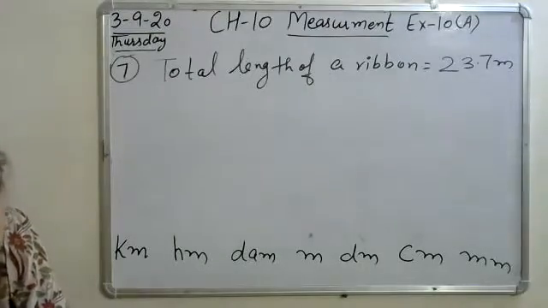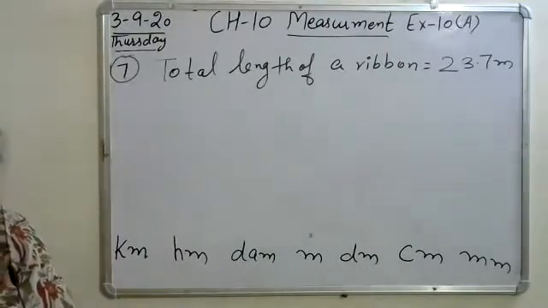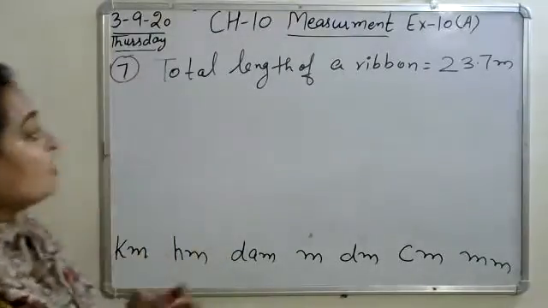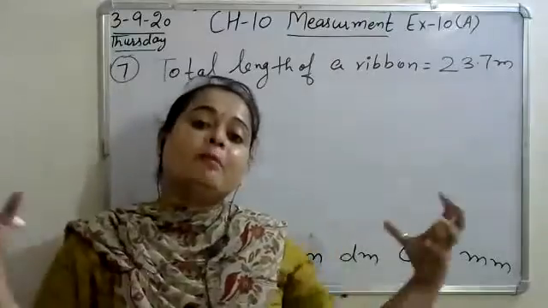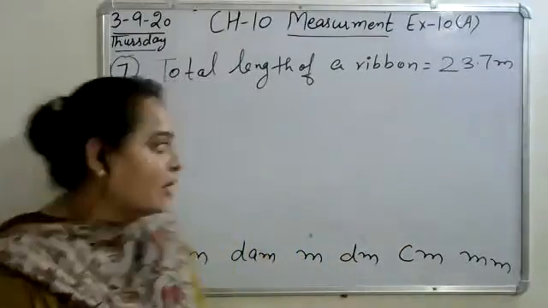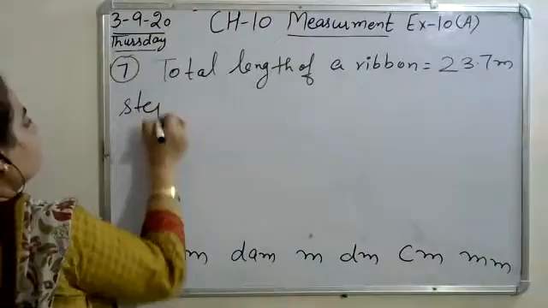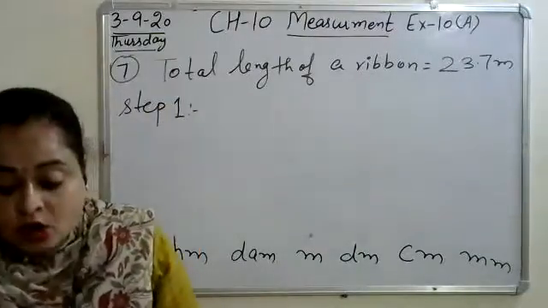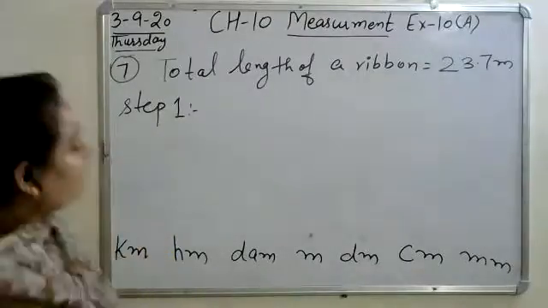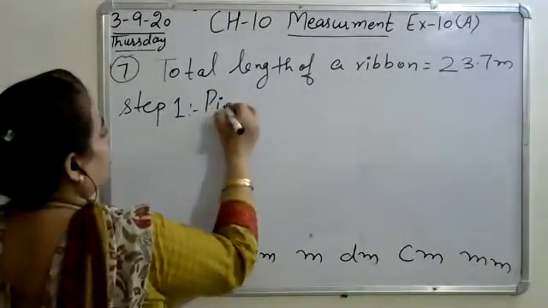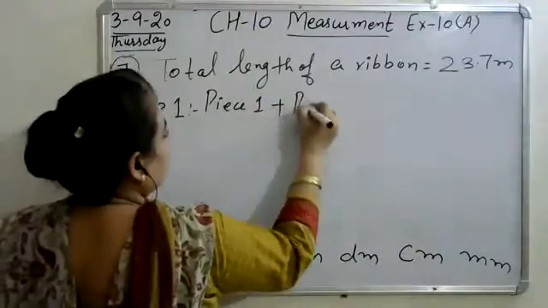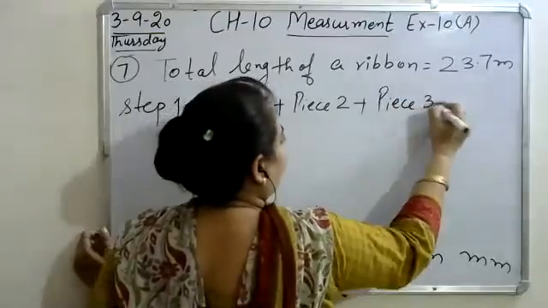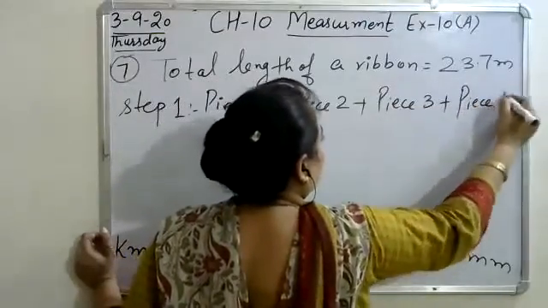A ribbon is divided into 4 pieces. So first of all, in step number 1, you will combine all the cut pieces. So cut pieces means piece number 1 plus piece number 2 plus piece number 3 plus piece number 4.